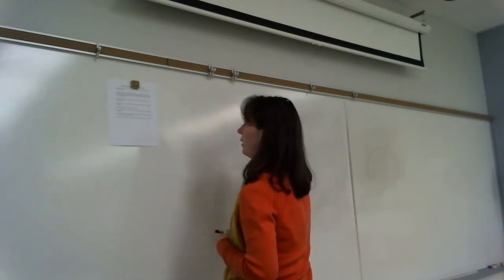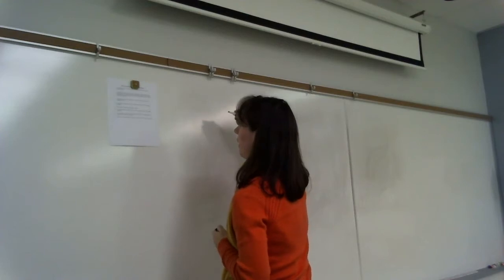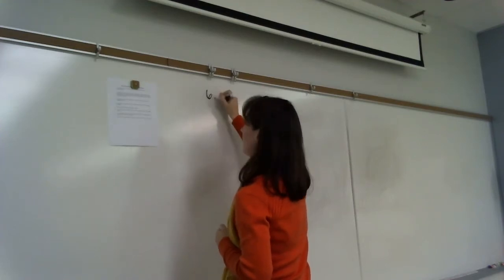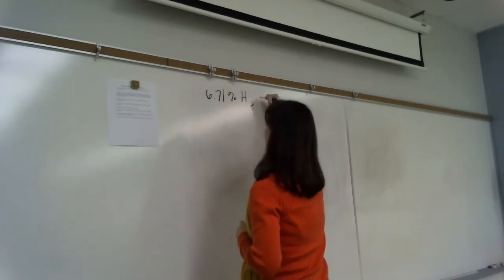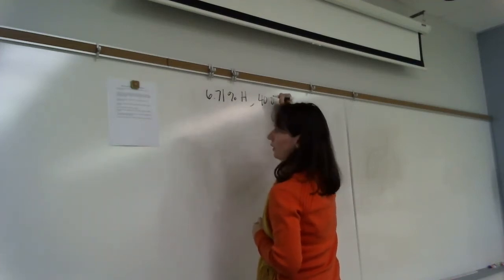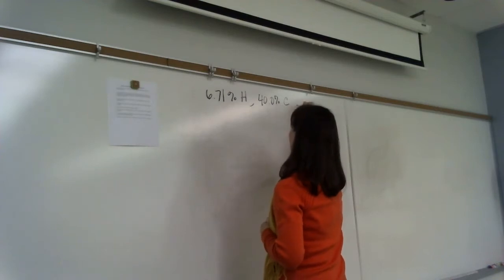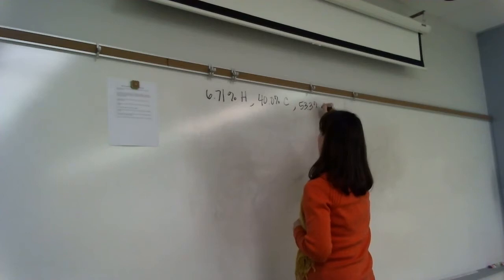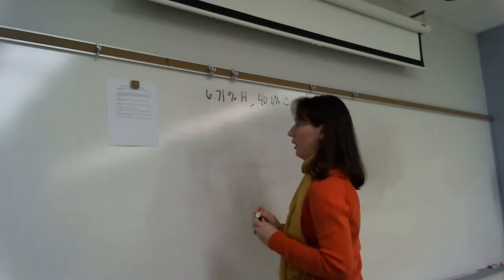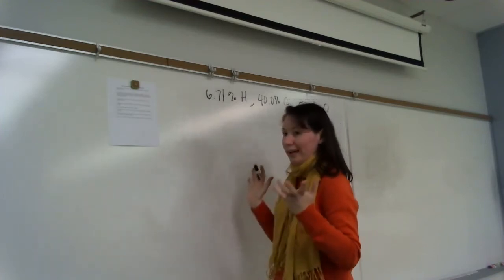Number 8, what is the empirical formula of a compound made of 6.71% hydrogen, 40.0% carbon, and 53.3% oxygen? All right, so we're going to go through this same procedure again.